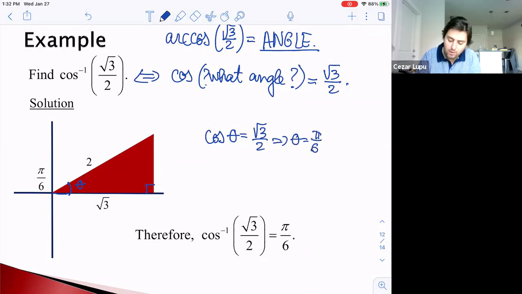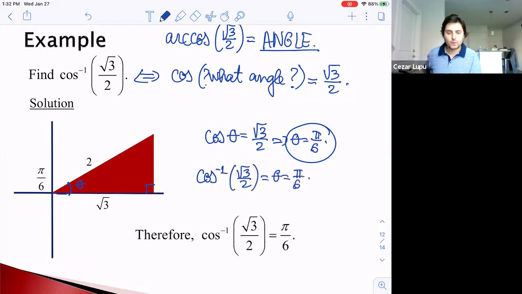So you can see it like this, or you can remember the values. In any case, you have to remember them, right? So that's exactly how we're going to do it. So if cosine of theta is square root of 3 over 2, now you can say that cosine inverse of square root of 3 over 2 will be the number theta, which in our case is pi over 6.